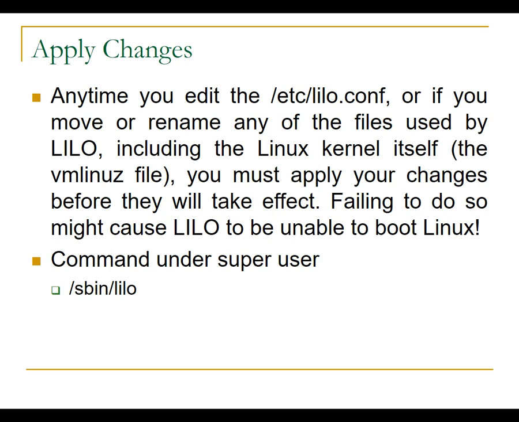Suppose I do not select any operating system, then by default Lilo configuration loads Linux, and by pressing the down arrow key, suppose I select Windows, then instead of Linux it loads Windows. But suppose I want to change the sequence of this, then it can be done using a specific operation. That shows how we can apply the changes.